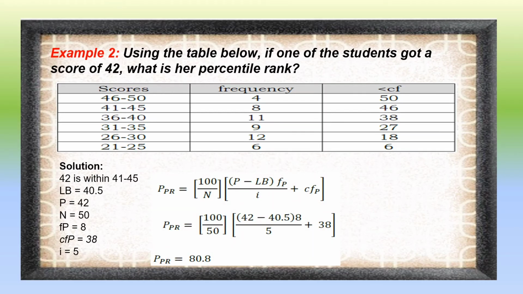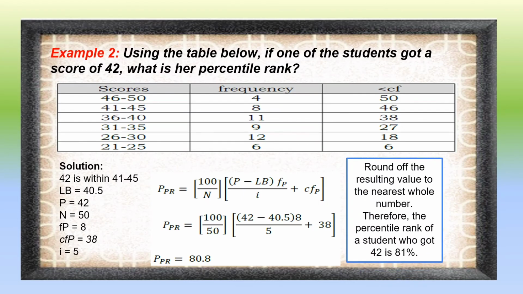That is equal to 100 divided by 50 times the quantity 42 minus 40.5 times 8 all over 5 plus 38. Simplifying the said numerical expression would result in the percentile rank, which is equal to 80.8. Round off the resulting value to the nearest whole number. Therefore, the percentile rank of the student who got a score of 42 is 81%.